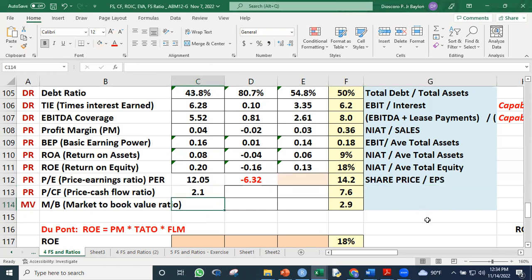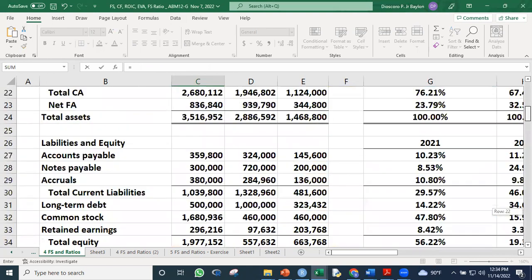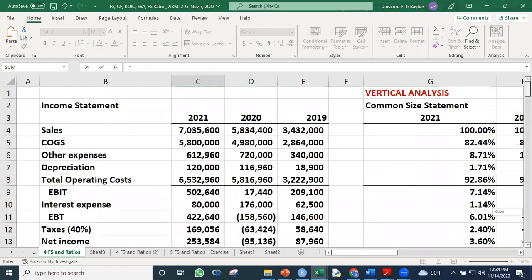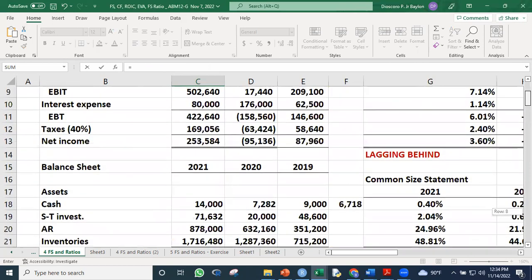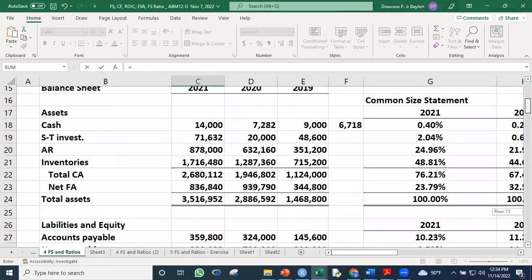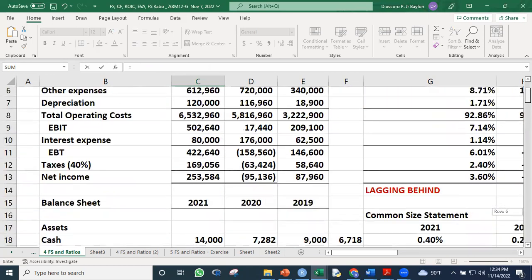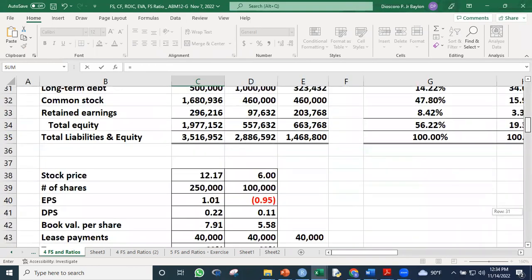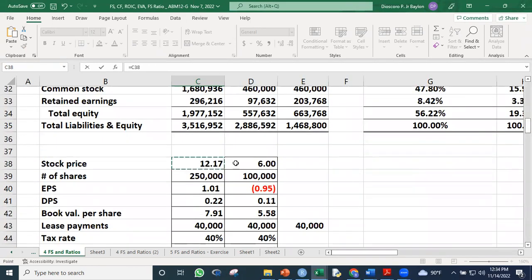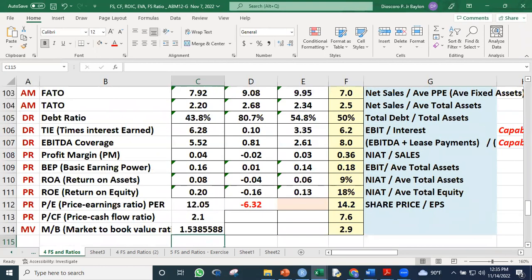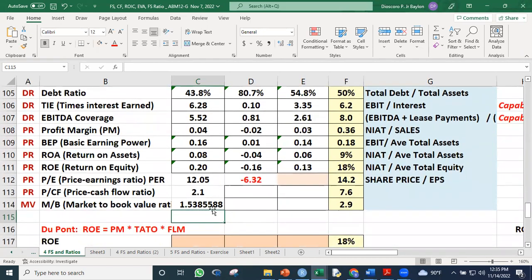We'll just compare the market price per share, which is 12.17, divided by the book value per share, this one. So that's the market to book value.